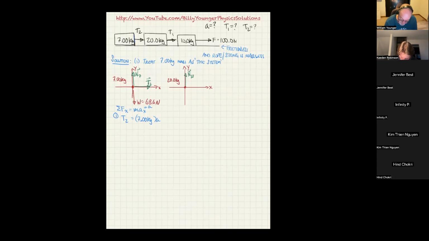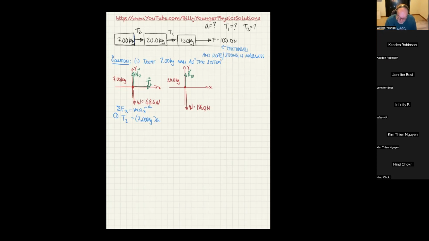We also have a weight. And of course, weight is equal to mg. And that, of course, is 20 kilograms times 9.8. I know 2 kilograms times 9.8 is 19.6. So this is going to be 196.0 newtons. And that's one extra sig fig, obviously.